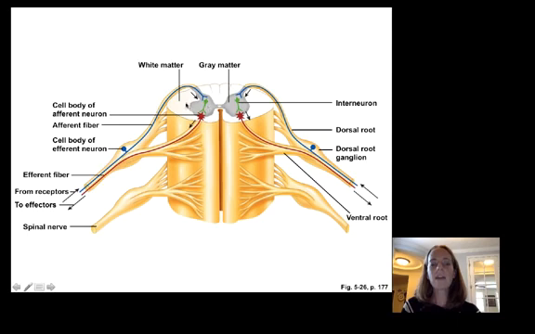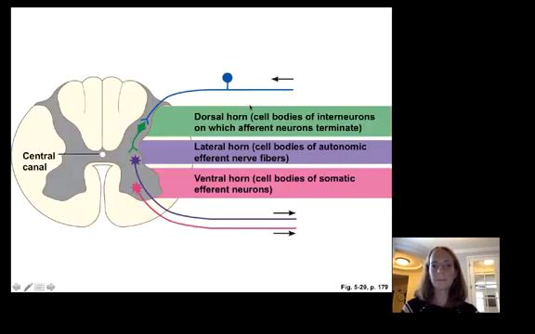So the gray matter and the white matter regions of the spinal cord can be very carefully mapped based on these sorts of pathways, where we have the sensory information coming into the dorsal part of the spinal cord, the motor information coming out of the ventral part of the spinal cord, and then interneurons within the gray matter, and then tracts, ascending or descending tracts, within the white matter of the spinal cord.